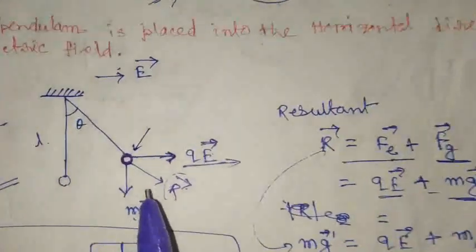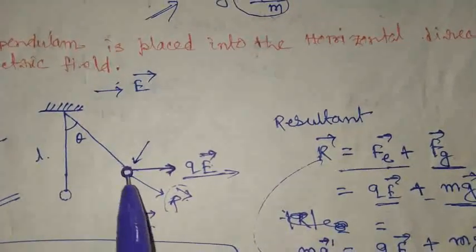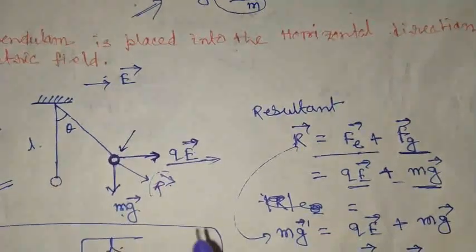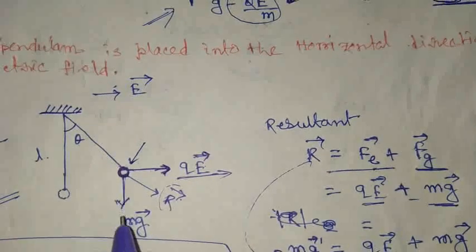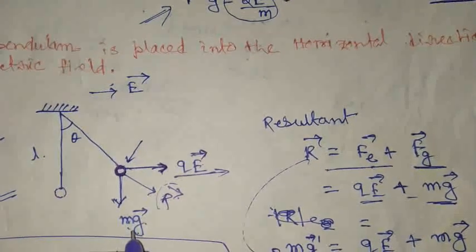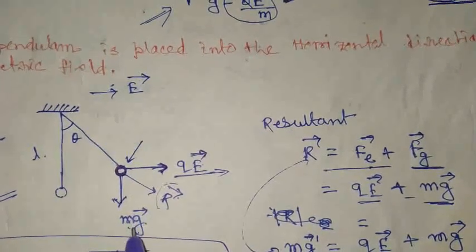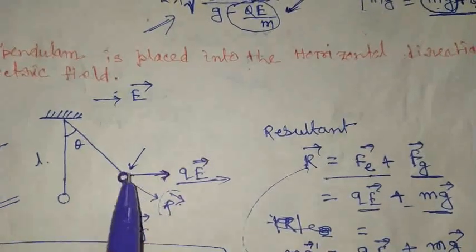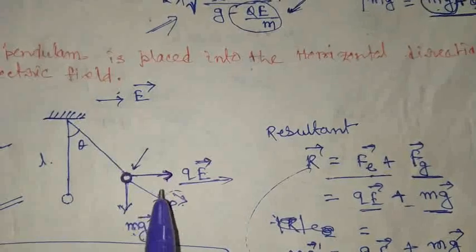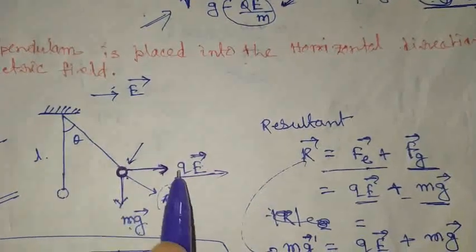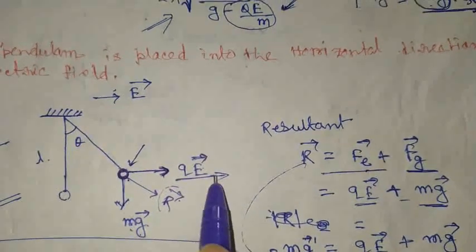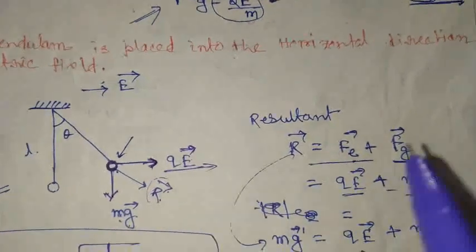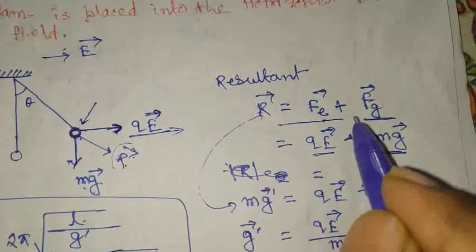similar forces but not in a similar way. One force is in the vertically downward direction, mg, due to gravity, as it is always acting vertically downward, and due to the horizontal electric field, a force is also acting on that bob in the positive x direction. So the resultant force R can be written as Fe plus Fg.